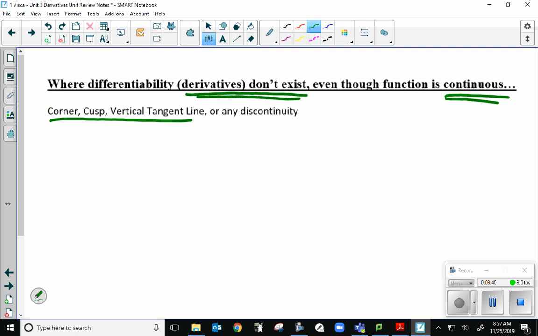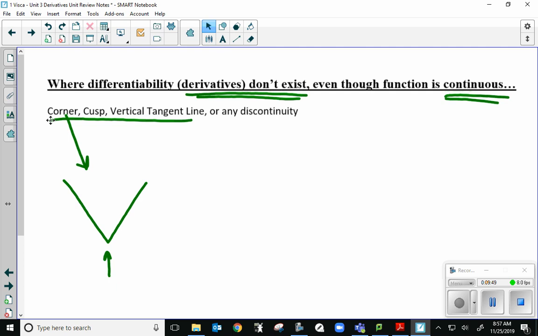A corner is a graph that goes da-da-da-da-da, ba-da-ba-da-ba. It's a point. And I did a 3rd video for the review notes for Unit 2. And in that video, I said that derivatives graphically are a lot like limits. It has to be the same values coming from the left side and the right side.